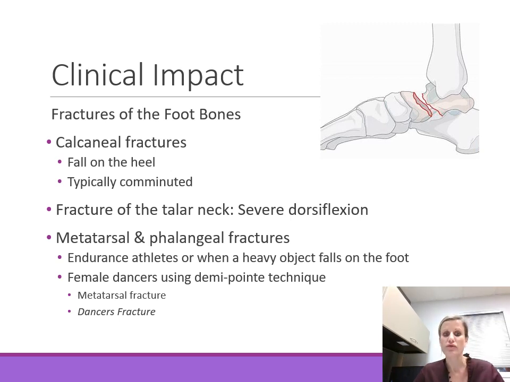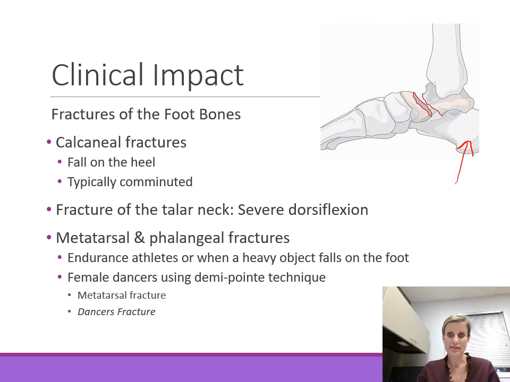Calcaneal fractures are fractures of the calcaneus. The calcaneus is the tarsal bone here that forms the heel bone. Calcaneal fractures typically happen because of a fall. So a fall where you land on your heels. And these are typically comminuted fractures. Comminuted, again, remember, means broken into several pieces.